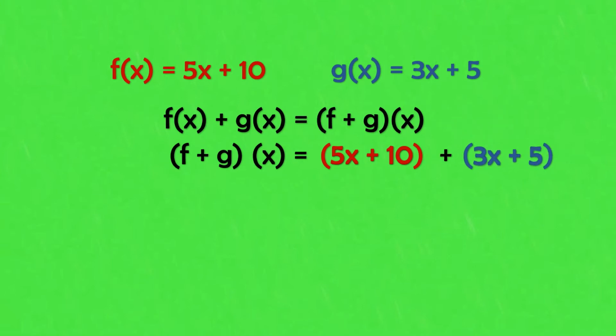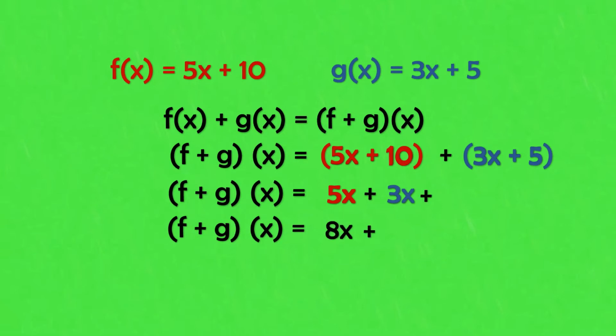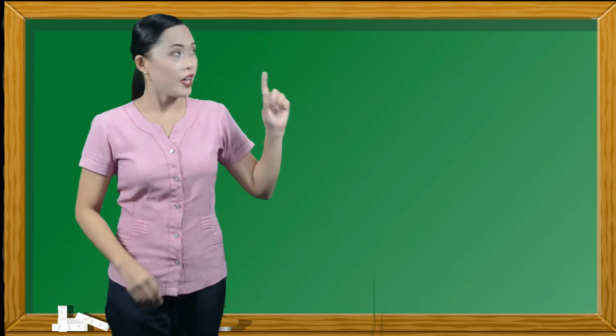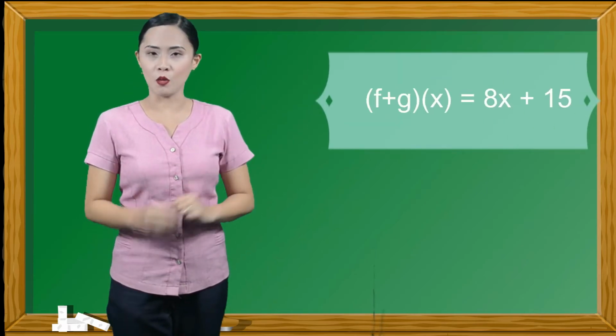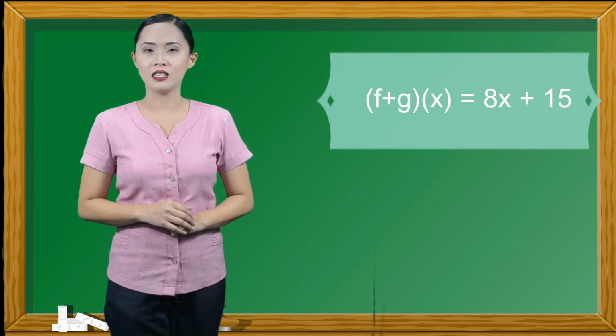So, f plus g of x equals quantity 5x plus 10 plus quantity 3x plus 5. Let's combine like terms. So, 5x plus 3x is 8x and 10 plus 5 is 15. The resulting function is f plus g of x equals 8x plus 15.